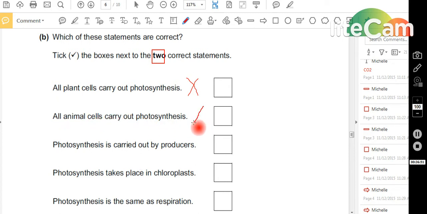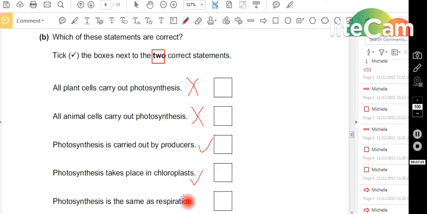No. No, I wish I could photosynthesize and produce some energy. Okay, photosynthesis is carried out by producers. Is that correct? Yes, producers of plants. So well done. Photosynthesis takes place in chloroplasts. Is that correct? Yes, because chloroplast is the green pigment that's going to absorb the sunlight.